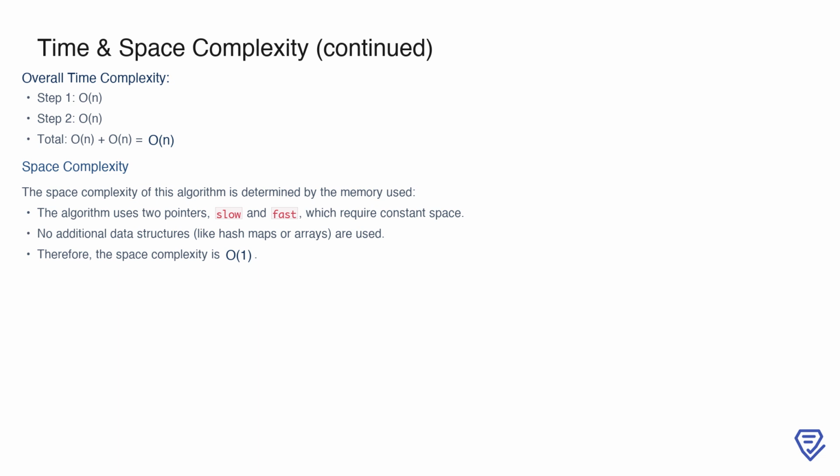The algorithm uses two pointers, slow and fast, and these require a constant amount of memory regardless of the size of the input. No additional data structures are utilized, such as hash maps or arrays, to store information. As a result, the space complexity of this algorithm is 1, which is optimal because we only use a fixed amount of space during the execution of the solution.